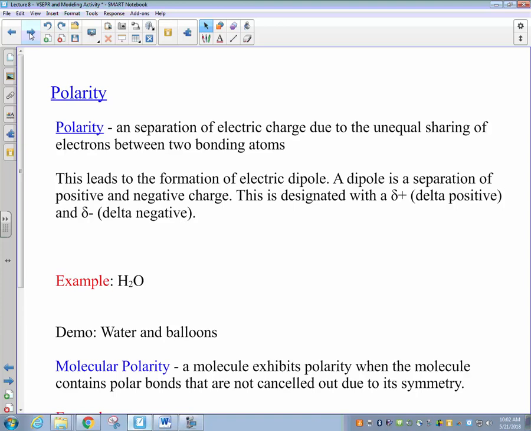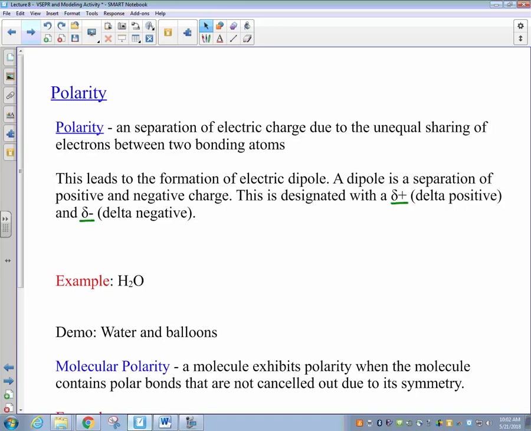That separation of charge leads to the formation of what we refer to as an electric dipole, that is, a separation of positive and negative charge. Now, because it's not fully moving the electrons from one side to the other, we refer to it as a partial charge, and we symbolize that partial charge with a little Greek letter, a lowercase delta. We call it either delta positive for the partially positive portion of the molecule, and delta negative for the partially negative portion of the molecule that results from the electric dipole. An example that we might see of a polar molecule that I'm sure you've all remembered from back in your biology days is water.